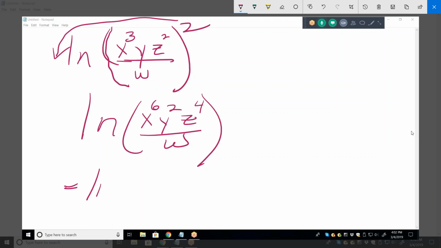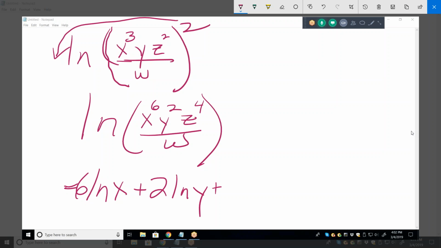So natural log of x to the 6, or is it 6 natural log of x? It depends on whether you want to do it in one step or two. I would go ahead and do it in 1 step.